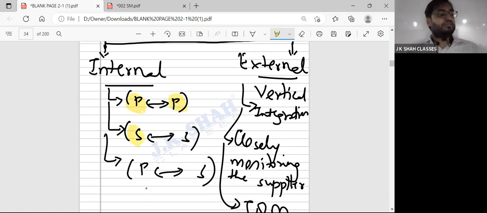Similarly, one support activity having good coordination with another support activity. Now, if you remember, there are 4 support activities: procurement, technology development, HRM, firm infrastructure. Let's say 2 or 3 employees in the procurement department are about to retire in, let's say, 2 to 3 months' time. The human resource manager knows this.